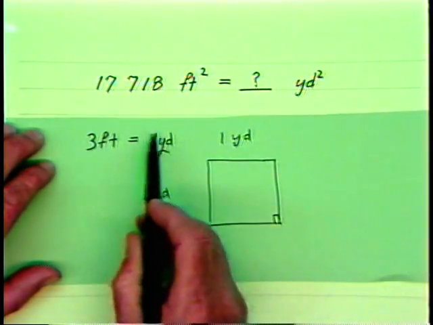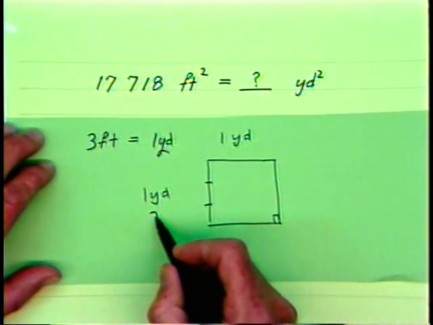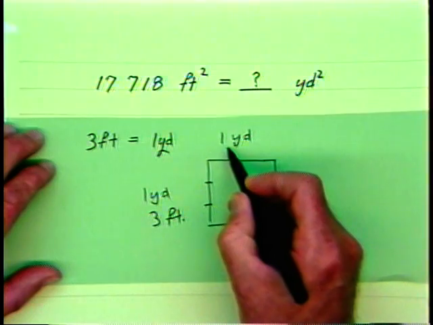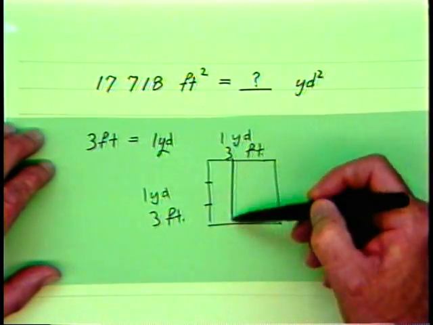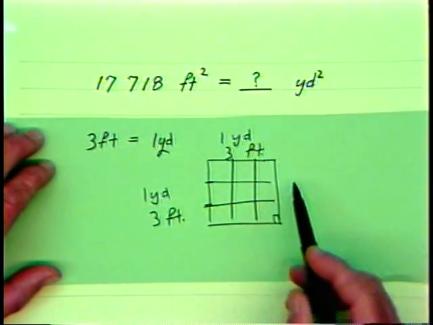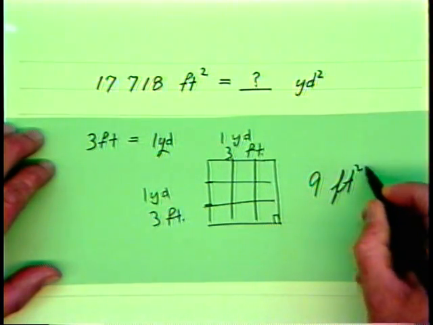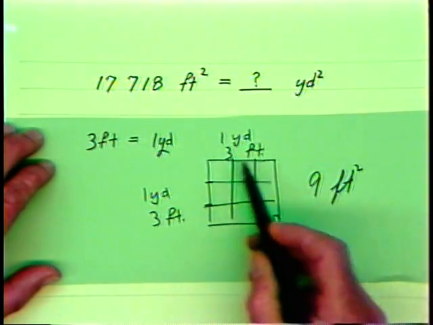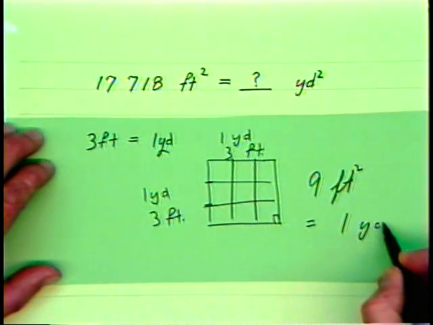But we also know from this or from memory that a square yard is 3 feet by 3 feet. And we can see that 3 feet by 3 feet will give me 9 square feet. But that's just another way of describing this 1 square yard.